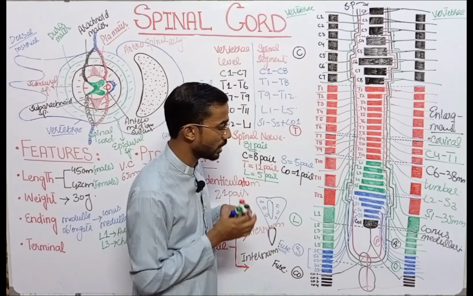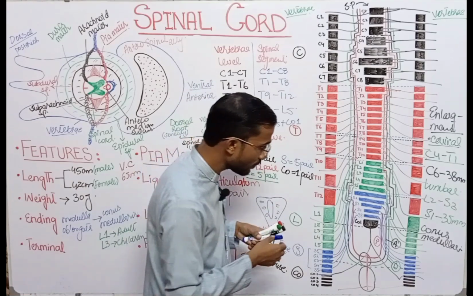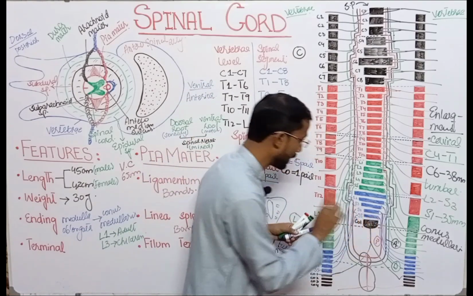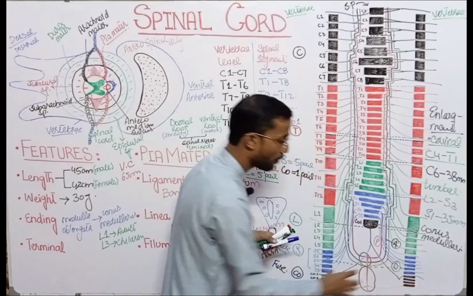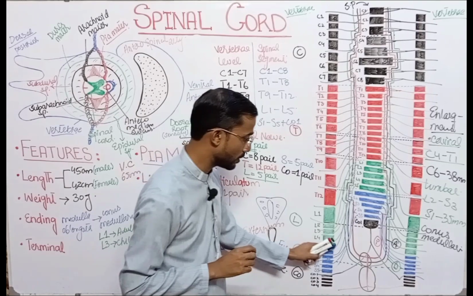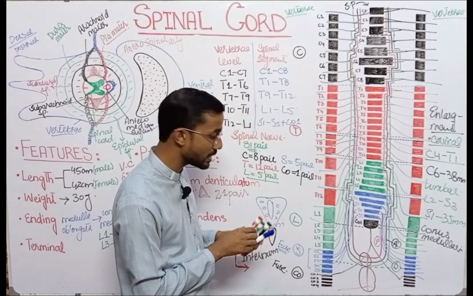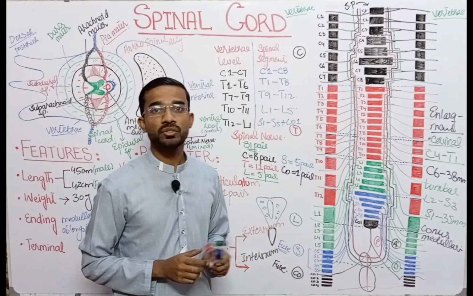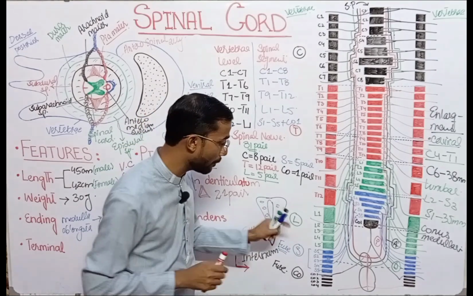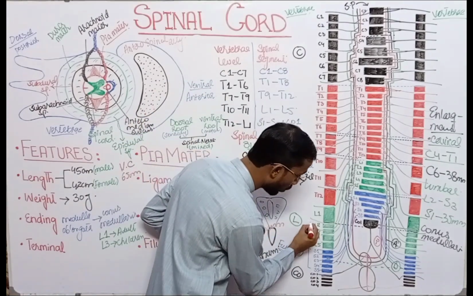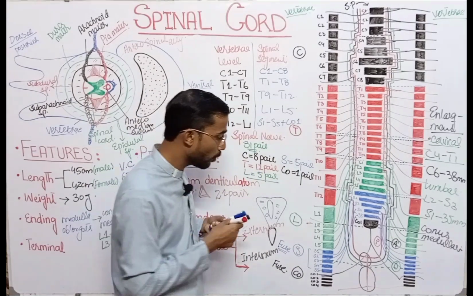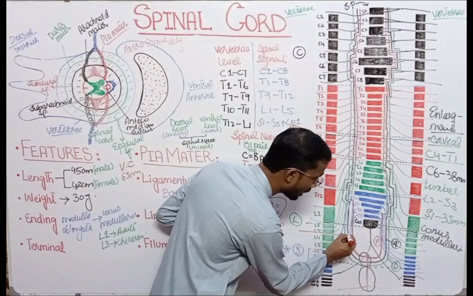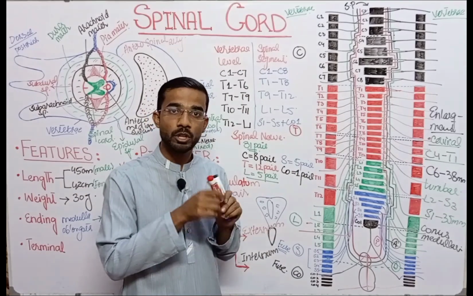So the spinal cord ends at the L1 level, and different fibers arise from this region. In most situations we perform the puncture at the lumbar region. Below the L2 vertebra we mostly insert the syringe if we want to take cerebrospinal fluid.